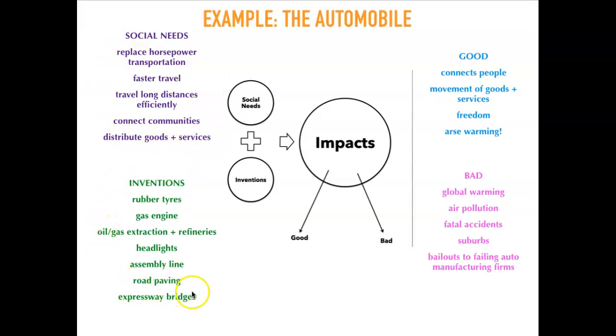In our section about inventions, wow, there are so many inventions. I'm sure I have not even captured remotely the amount of ingenuity and interesting things that have been created to be put in a car and make it run efficiently and beautifully. But we can consider things like rubber tires, the gas engine.